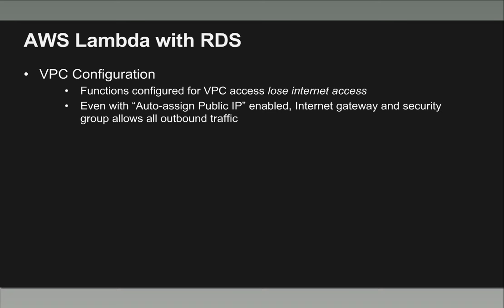There are a few other configurations, as we see here. When you enable a Lambda function access to VPC resources, that function automatically loses access to the internet. That means any resources that are residing outside of your VPC, Lambda will not be able to access. So how do you actually maintain access to both resources outside of your VPC and within your VPC?